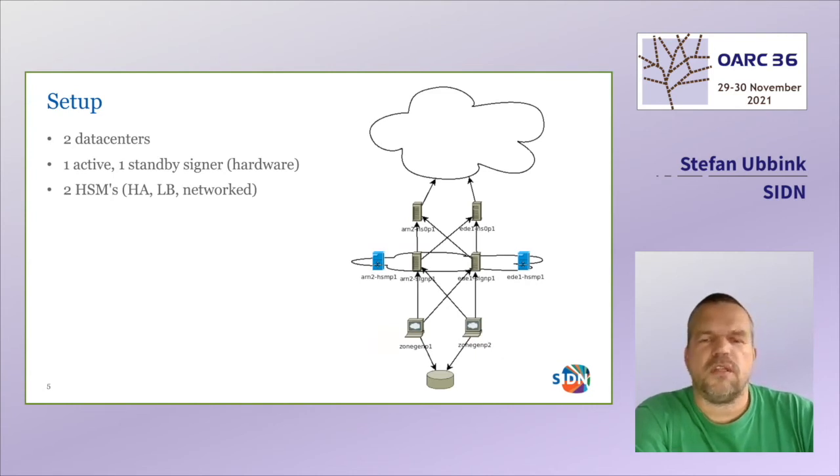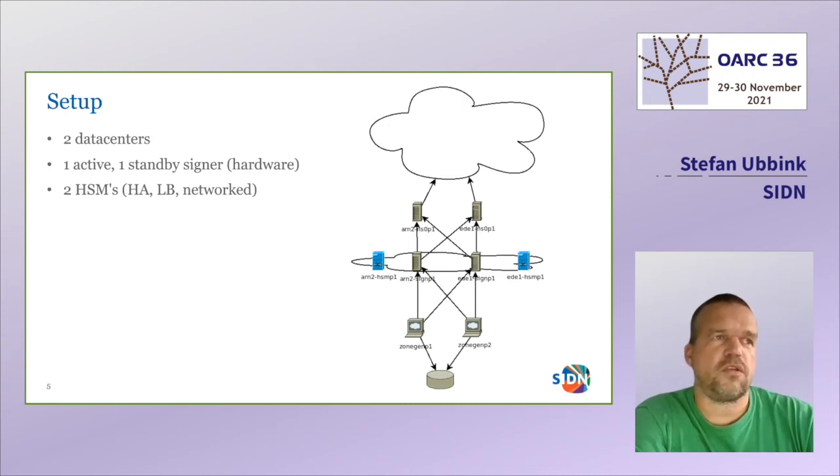Here I have a picture of our signer setup. It uses 2 data centers, and in both data centers there's a chain of systems that lead to a signed zone which is published. The most relevant parts are the signers and the HSMs.